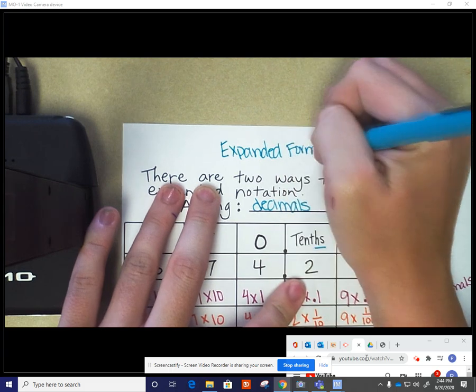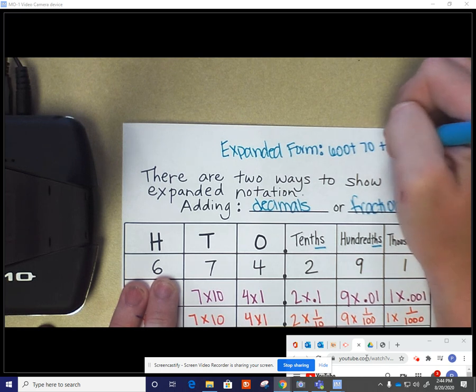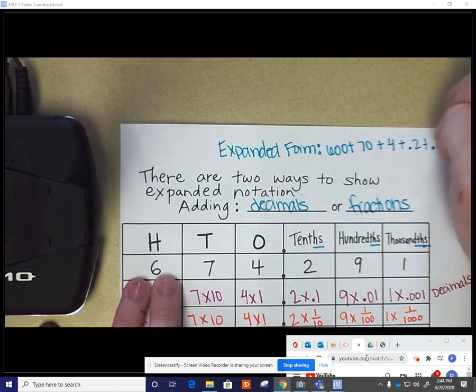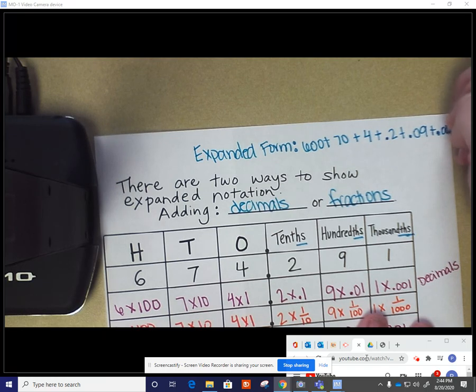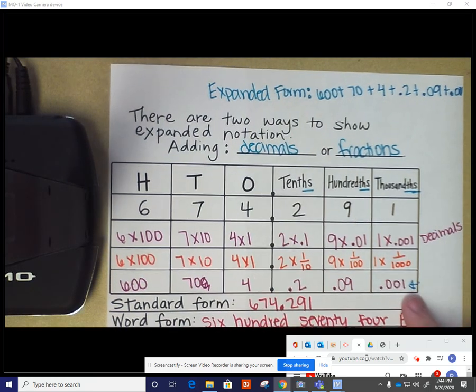So expanded form would be 600 plus 70 plus 4 plus 0.2 plus 0.09 plus 0.01. Okay, like this right here. That would give us our expanded form.